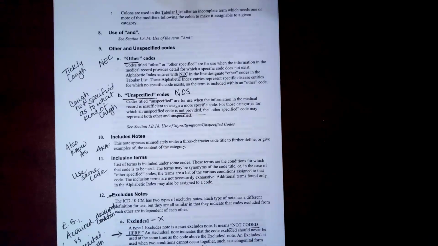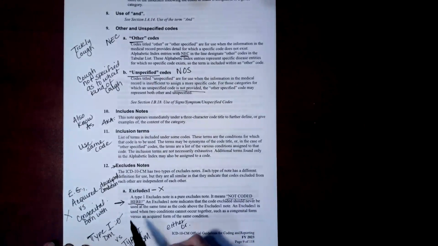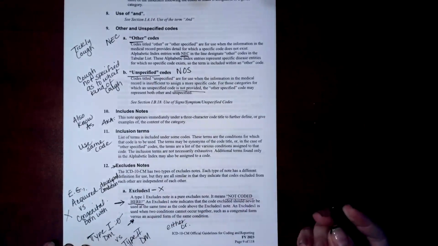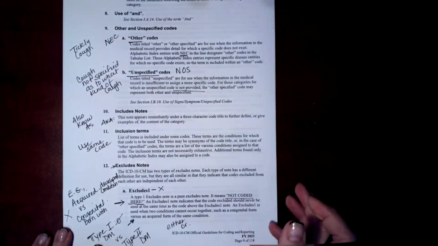It needs some help. It's struggling. It's not functioning at its full capacity, but it is functioning. So you cannot have type 1 diabetes and type 2 diabetes. It's either or. That's a great example of excludes. These cannot be reported together. Absolutely not. Do not code those two together.